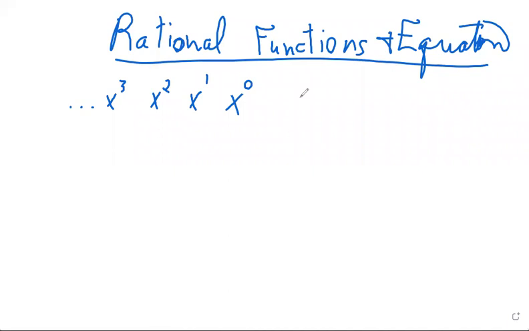Rational functions, the reason these come next is because they are an extension of exactly that idea, expanding that same idea even further. What if you didn't stop at complicating your functions in powers of x by going 3, 4, 5, 6, 7? That's all polynomials.